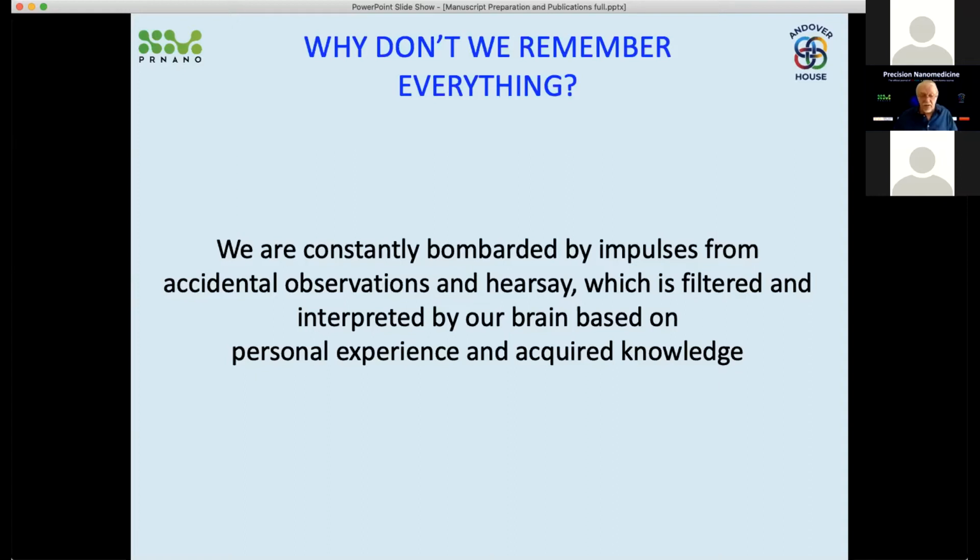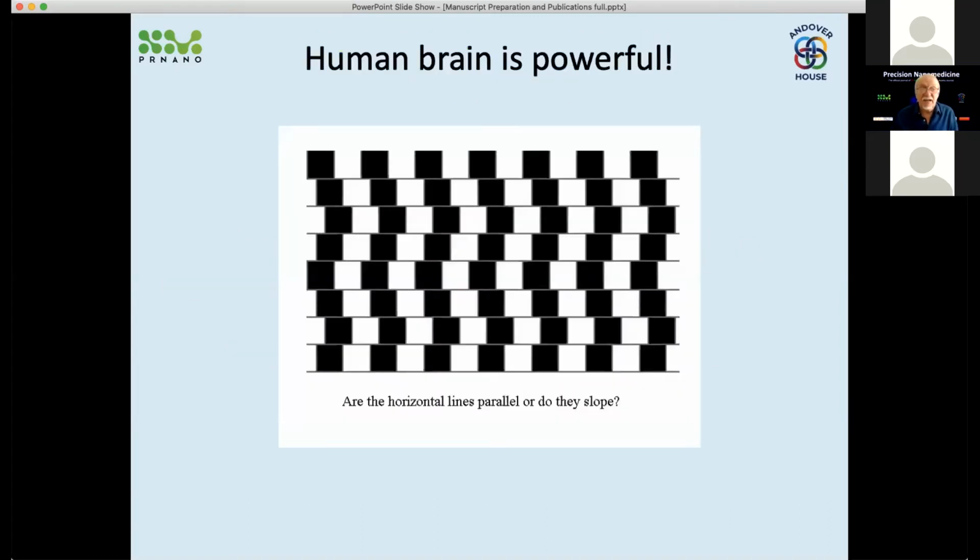It's a typical and well-known fact that eyewitnesses remember the same events differently. So why? Let me show you that the human brain is really powerful. Do you see what I see? Are these horizontal lines parallel, or do they slope?